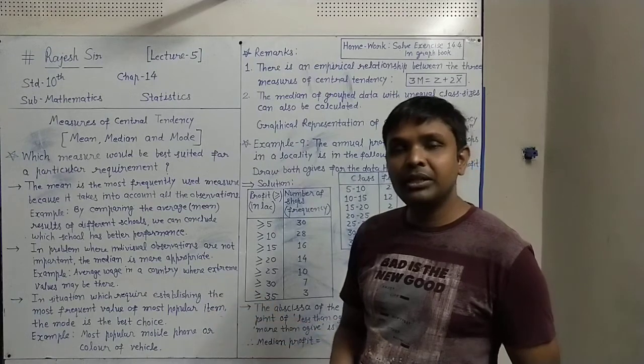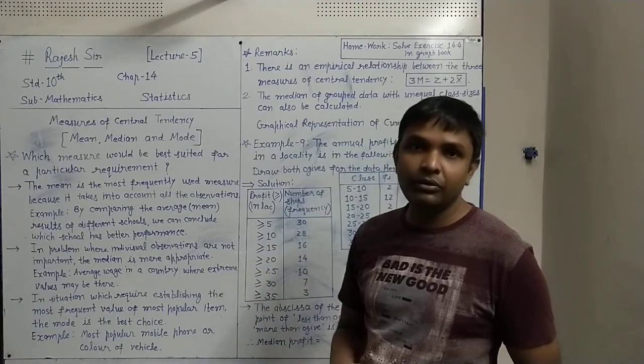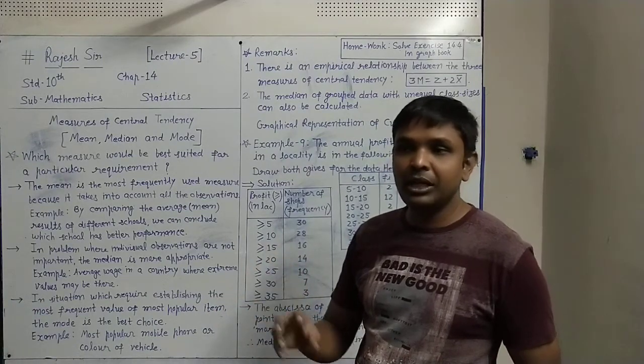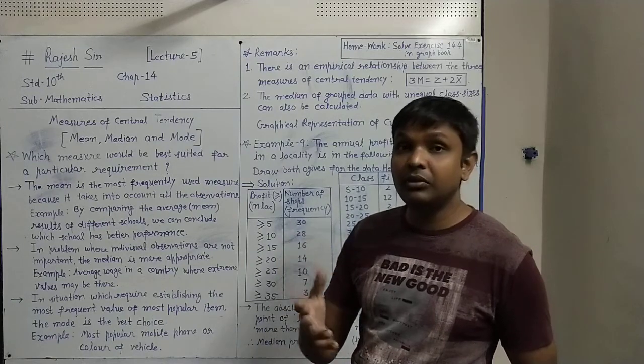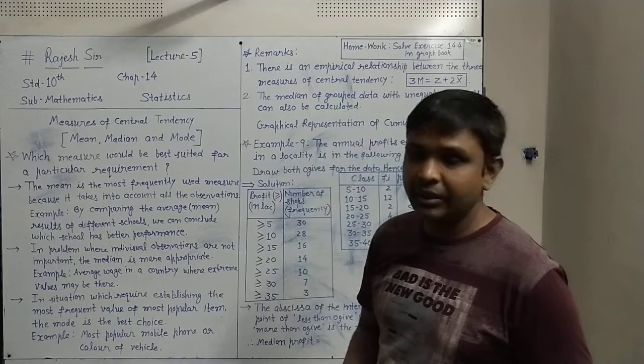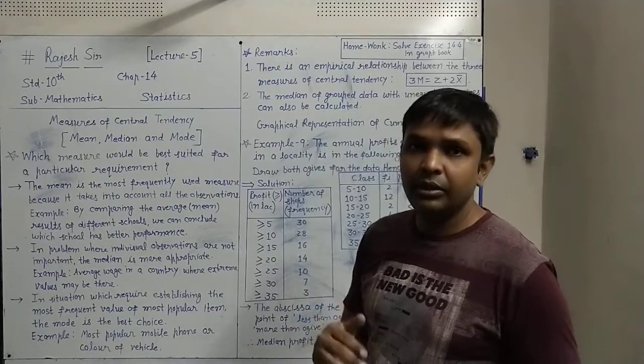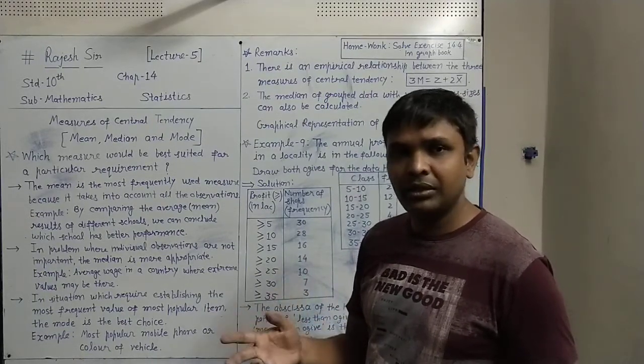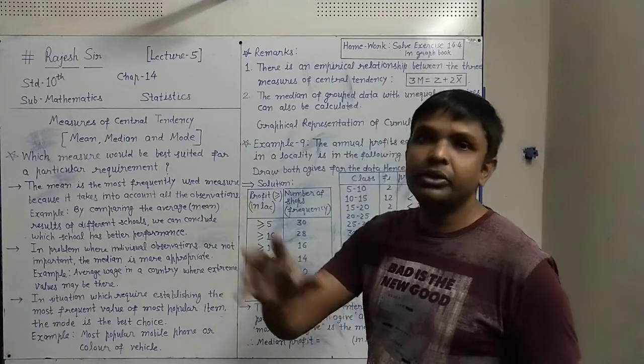So for that comparison, you are taking the mean of the school. Mean of the school means how much result of the school in the year we find, like last year 1920, 1921, what is the result of different schools?